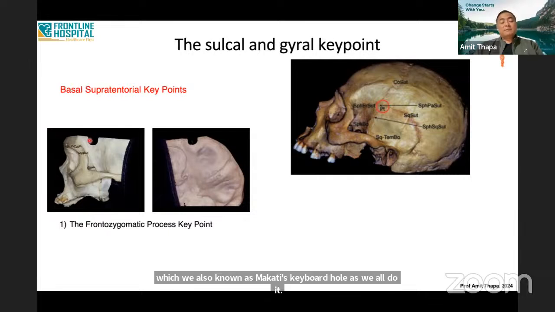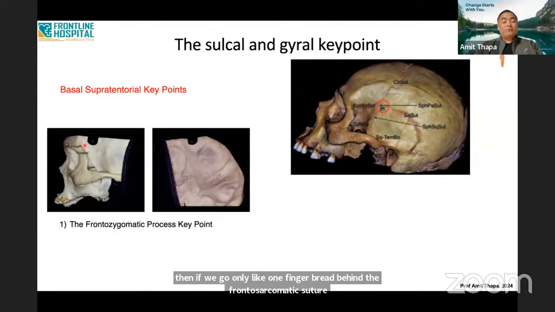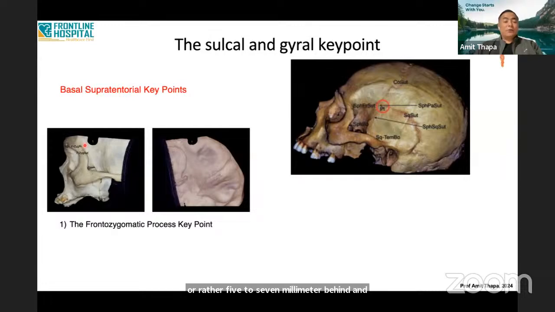Most people go 1 centimeter behind the pterion, but if we go only about 1 finger breadth behind the frontozygomatic suture, or rather 5 to 7 millimeter behind and superior, we will be at a point where we can not only go towards the orbit, but can also go towards the frontal skull base, if we just change the direction of this particular key burr hole site.